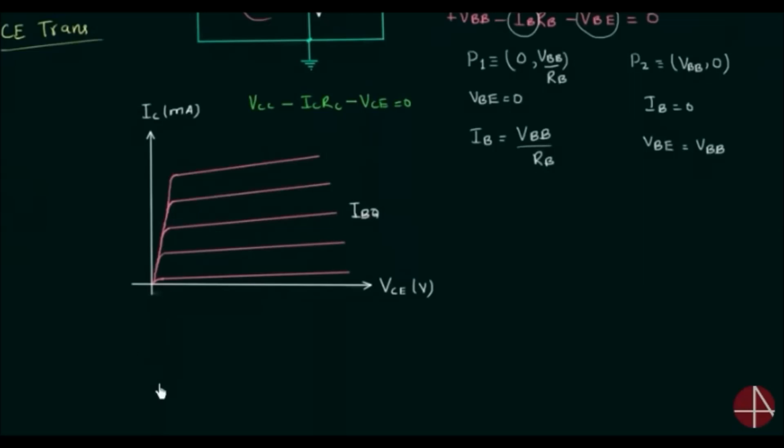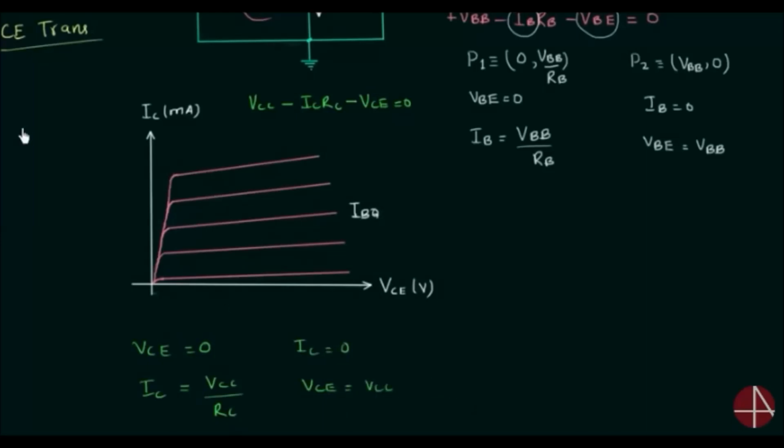We need to repeat the same process as we did in the case of the input load line. When VCE is equal to 0, the collector current IC is equal to VCC divided by RC, and when IC is equal to 0, VCE is equal to VCC.